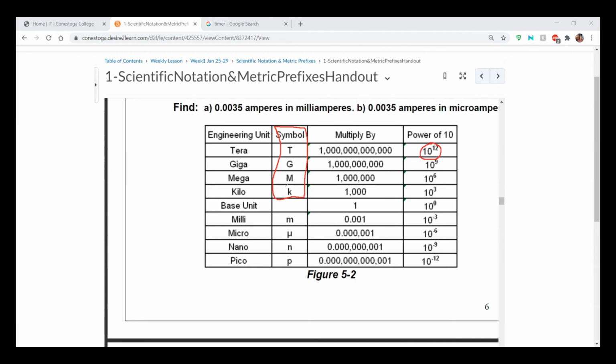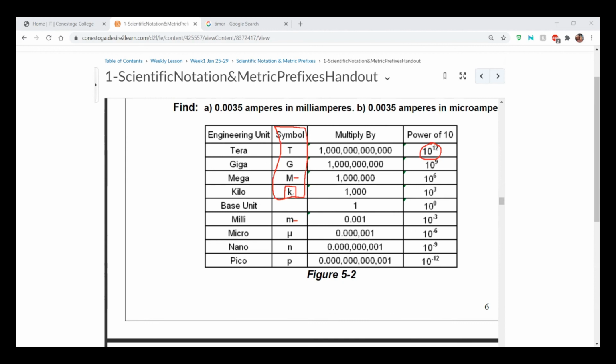You can notice here that kilo is lowercase, because there is no other symbol that is going to have a K. For example, if I were using a lowercase m for mega, then how would I distinguish the M for mega from the M for milli?